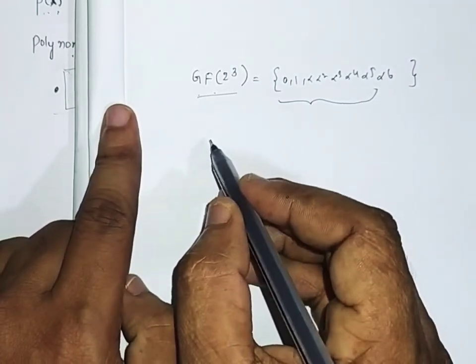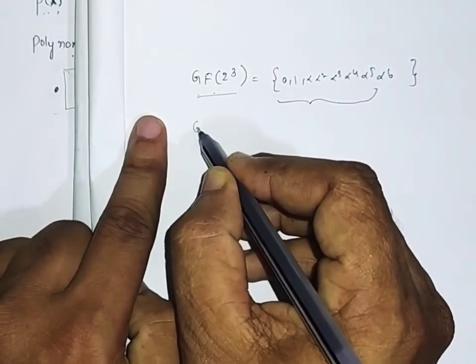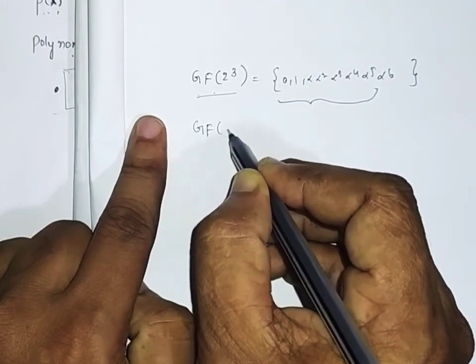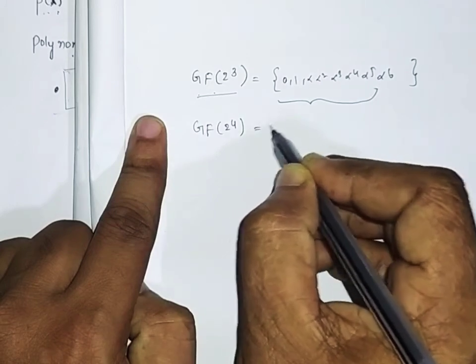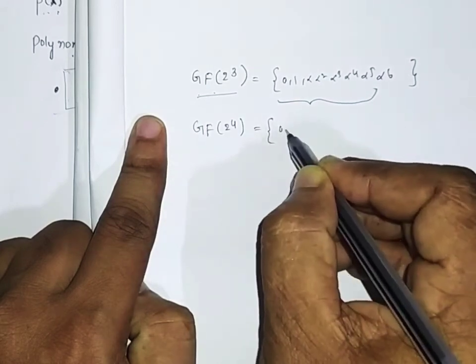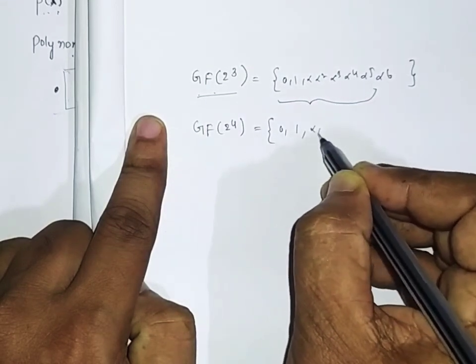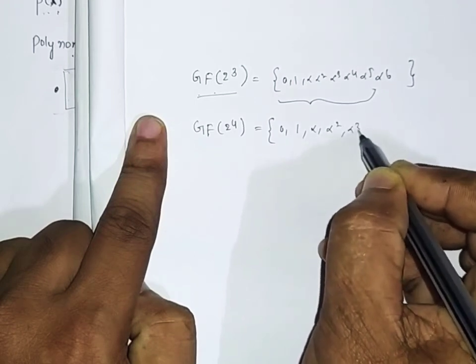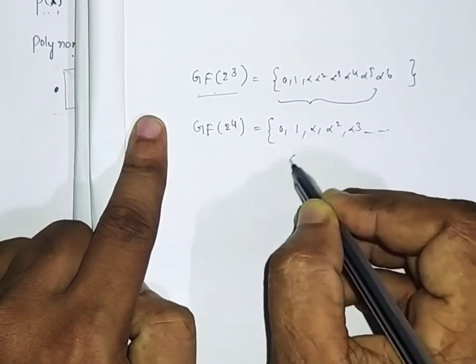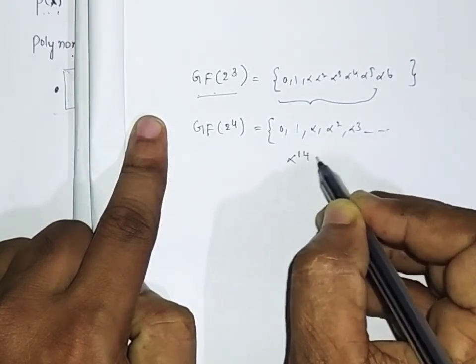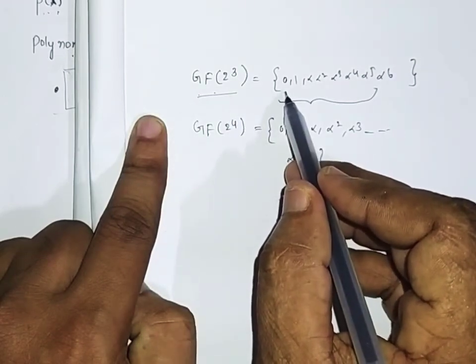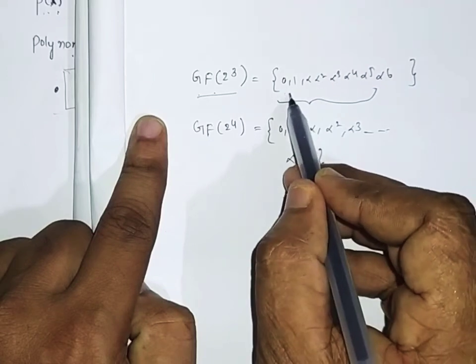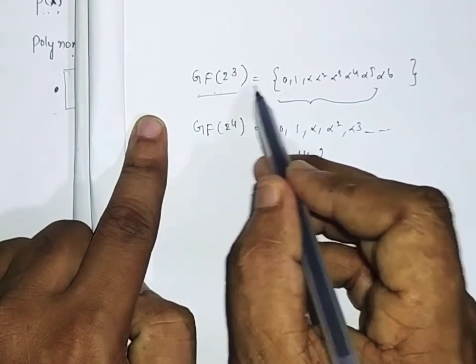In this, now, I am going to calculate the elements available in the Galois field 2 power 4. That means the elements are 0, 1, alpha, alpha square, alpha power 3, and so on up to alpha power 14. In the last class, already I calculated each and every element present in the Galois field 2 power 3. 8 elements are there.